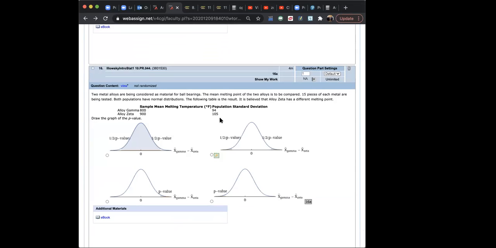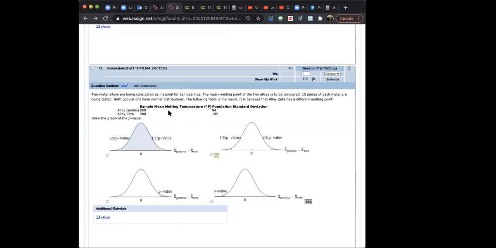And here you have a table with the mean melting temperature in Fahrenheit and the population standard deviation. Okay, so the mean melting temperature in degrees Fahrenheit for alloy gamma is 800, and alloy zeta is 900, and the population standard deviations are given here.